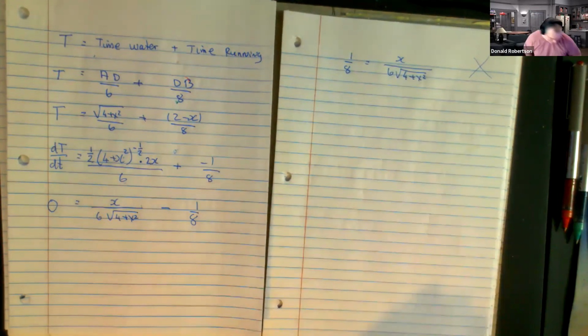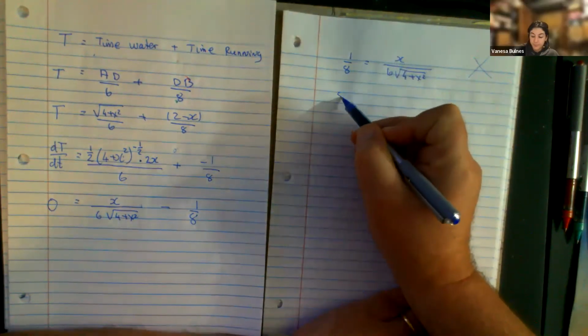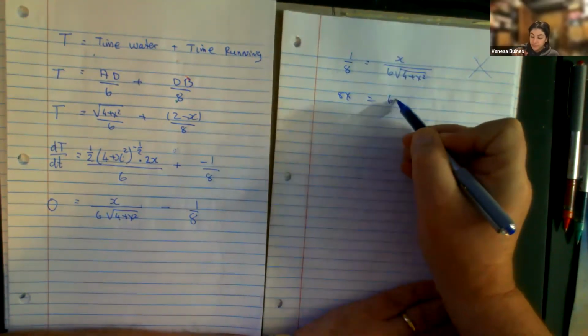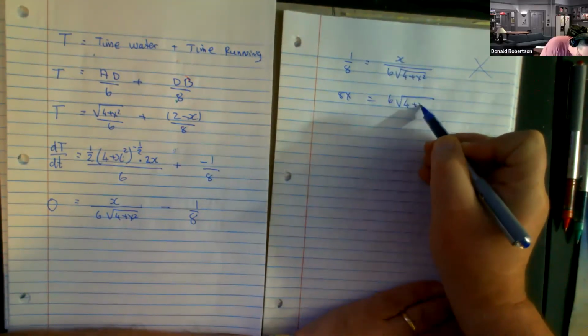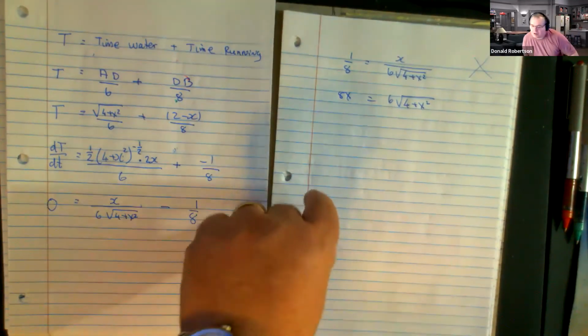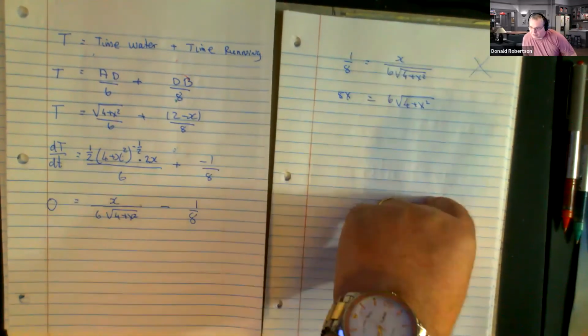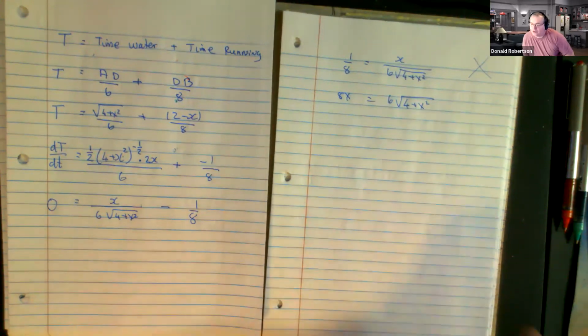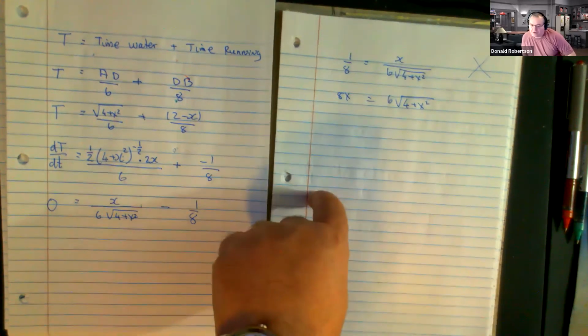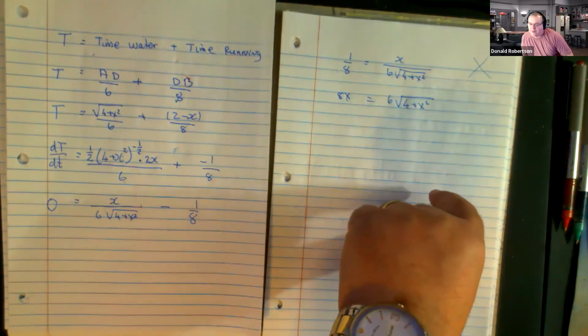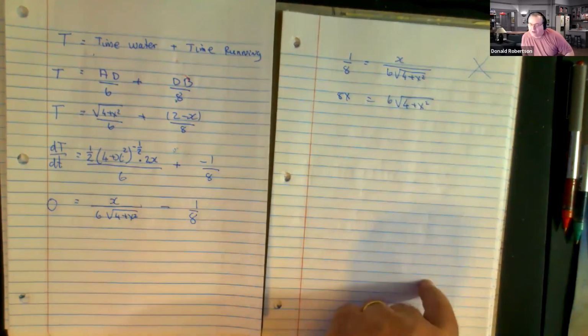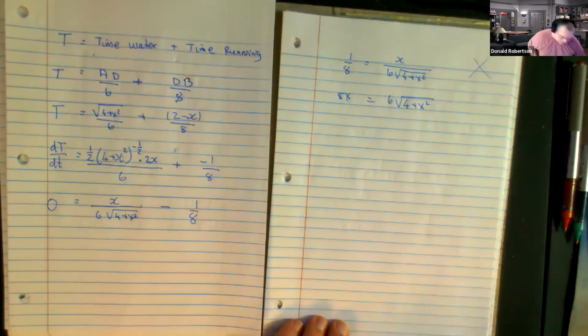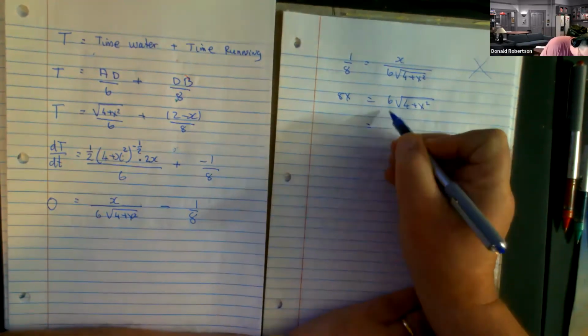Cross multiply. Yeah. So 8 times x is equal to 6 times (4 plus x squared). If you ever see two fractions equal to each other, cross multiply is normally a good way of getting rid of the fractions. Even if it's only one fraction equals something, the something, if you put it over 1, allows you to do the cross multiply as well. Now, you said divide by 6.